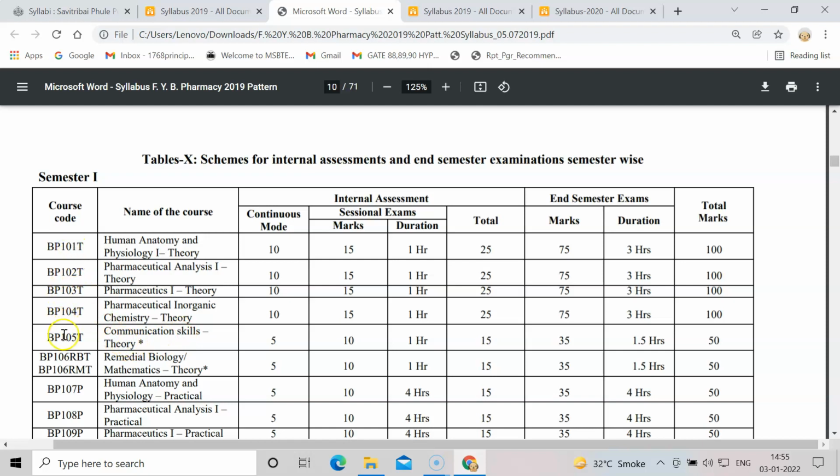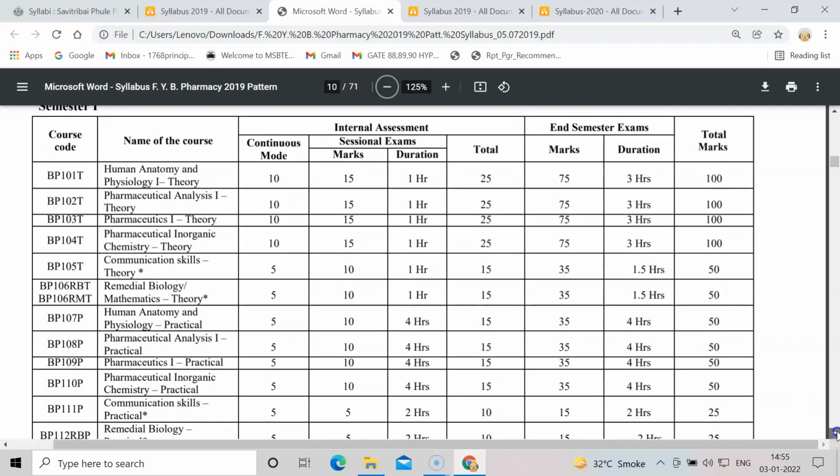So these are the 5 subjects all the students will have in theory. And the students who did not have biology in 12th will have biology now, and the students who did not have mathematics in 12th will have remedial mathematics. It's theory only for mathematics, but for biology you also have a practical session.